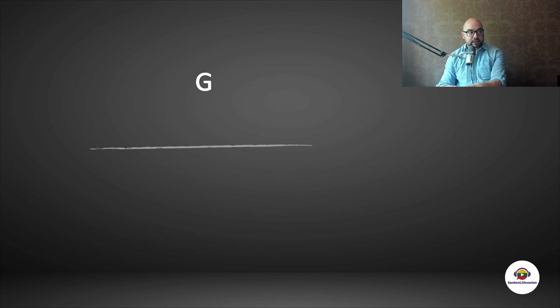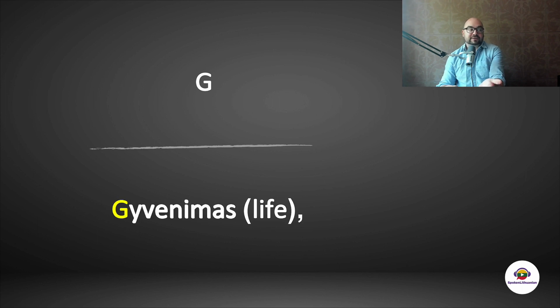Okay. G, that would be G in English language, but it's actually G in Lithuanian, like good. You're not saying Jude, a good movie, right? You're saying a good movie, and that's the one we're looking for over here.